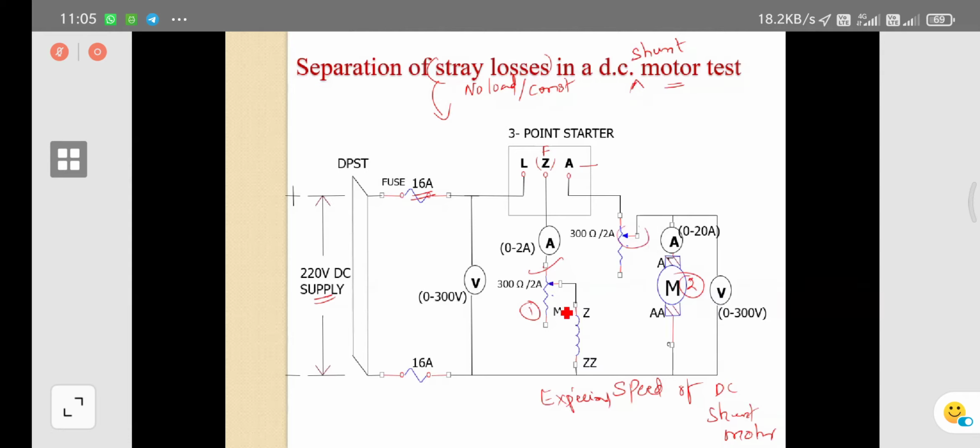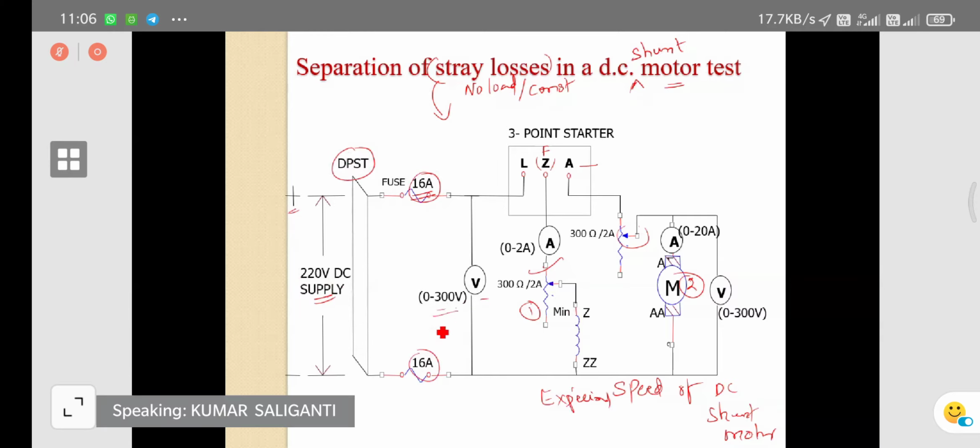As you know, this is the input to the motor: the 220 volts DC supply, and this is the DPST switch, double pole single throw switch. This is the fuse rating, 16 amps. This is the voltmeter you have to consider in the laboratory, 0 to 300 volts. And this is the ammeter, 0 to 1 or 2 amps, where you have to take the field current.